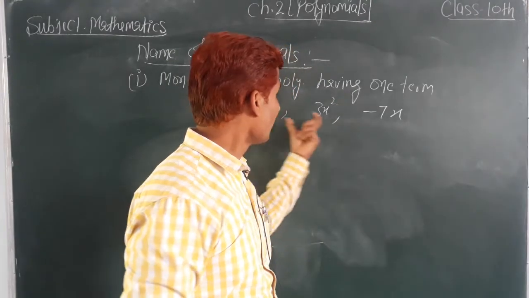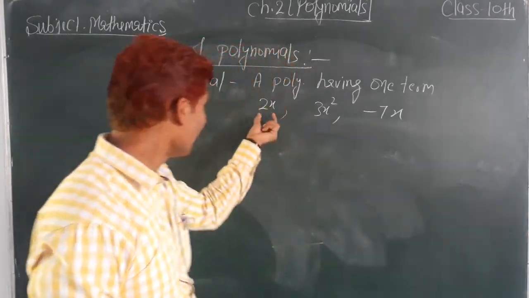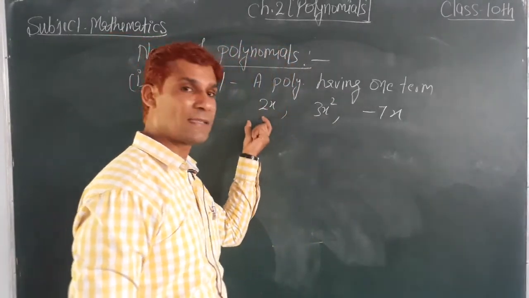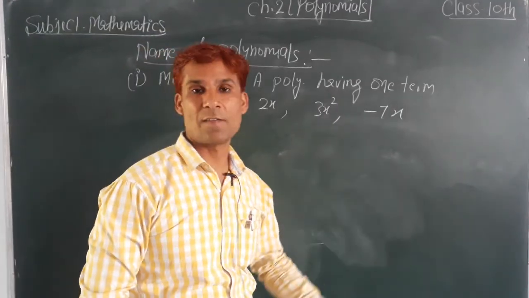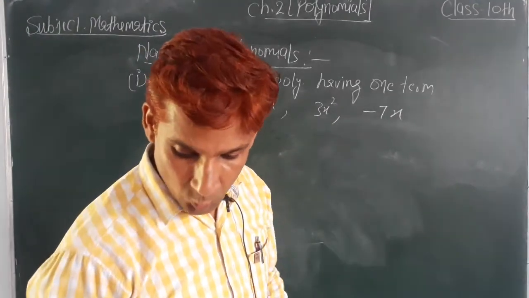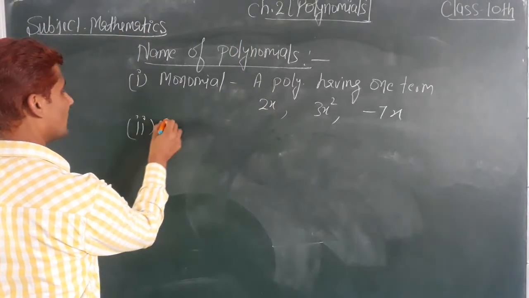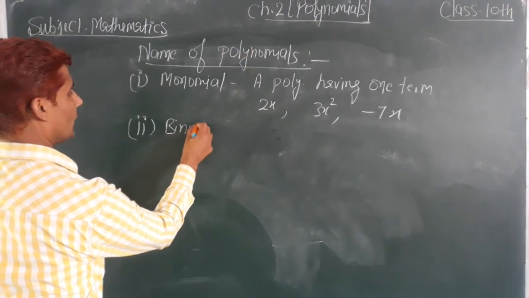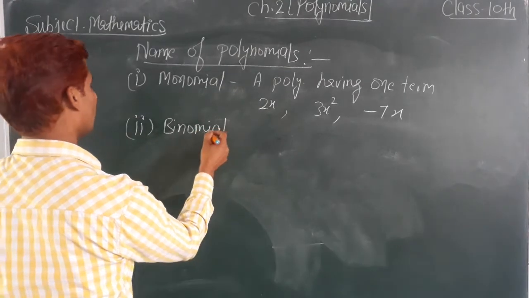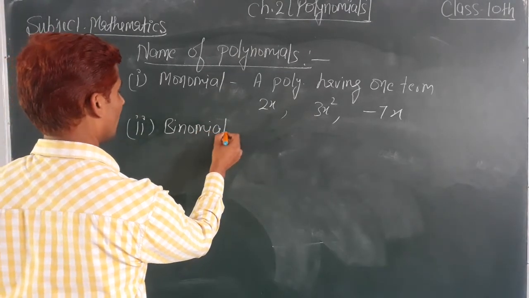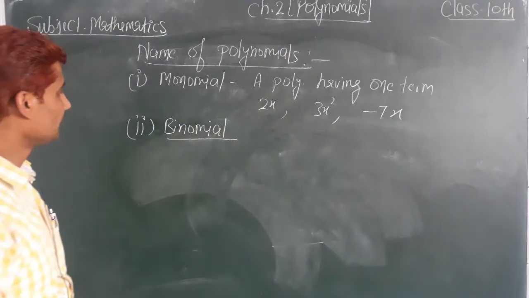ये मोनोमियल टर्म्स क्यों हैं? क्योंकि इसमें सिर्फ एक ही टर्म है, या तो 2x है, 3x स्क्वायर है, माइनस 7x है. ये मोनोमियल्स हैं. नेक्स्ट सेकेंड है आपका बाइनोमियल. बाइनोमियल क्या होता है?